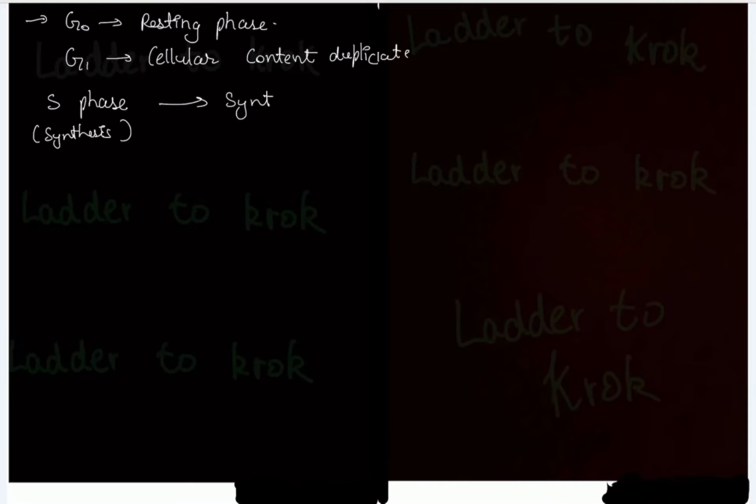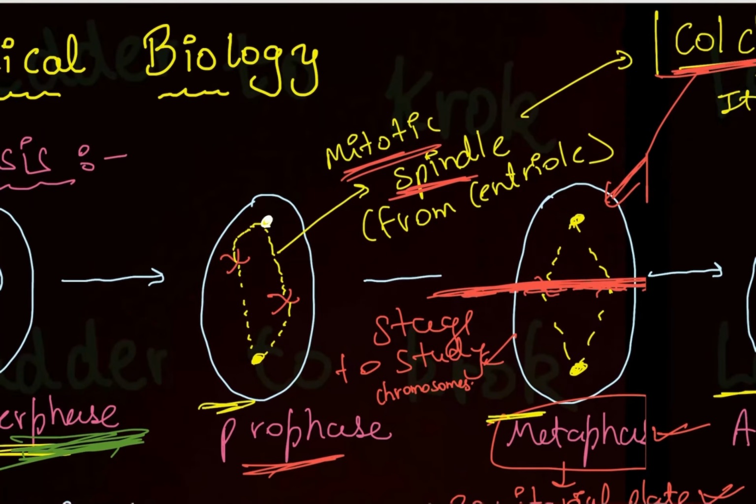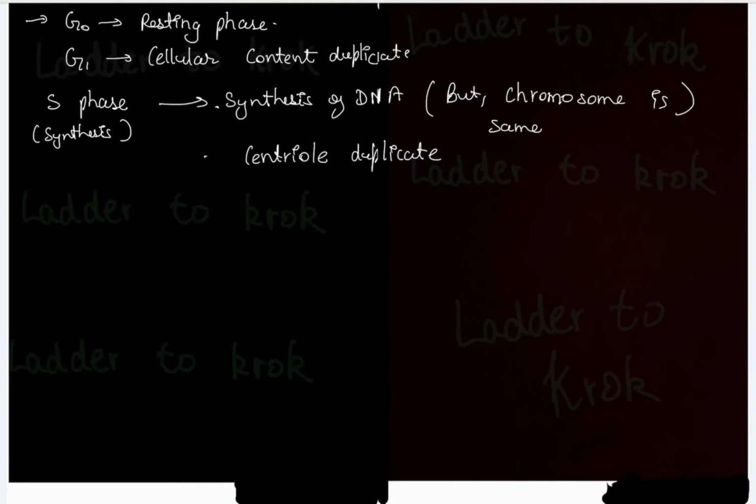In this, there is synthesis of DNA, that you must write, but the chromosome number is the same. Also in S phase, centriole duplicates. What is a centriole? These are the structures from which tubulin proteins form. They form the spindle fibers that go and attach at the center of the chromosome. So, centriole duplicates.